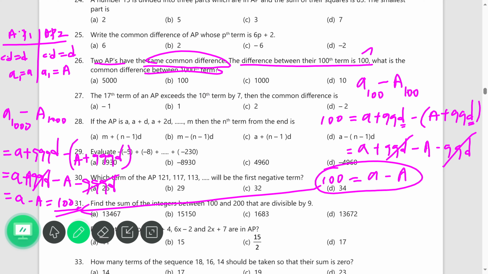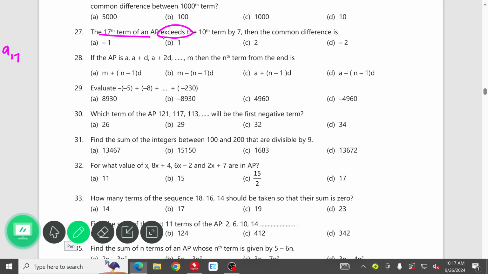So this is also, I hope, a book back question. The 17th term of an AP exceeds the 10th term by 7. Exceed means it has more value; compared to the 10th term, it is increasing by 7.